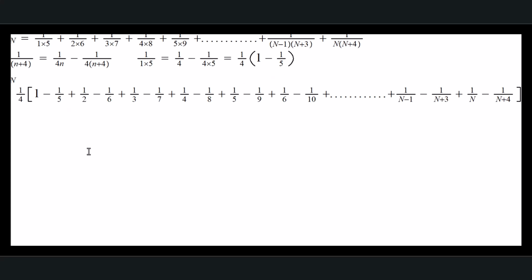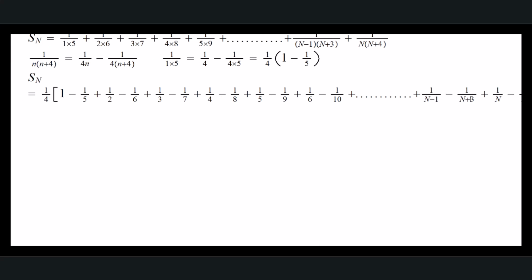Okay, good. So if you look at this entire expansion, what you will notice is this 1/5 is going to be cancelled by this 1/5, and 1/6 is going to be cancelled by this 1/6. Okay, and the term next to this would be 1 over 7.